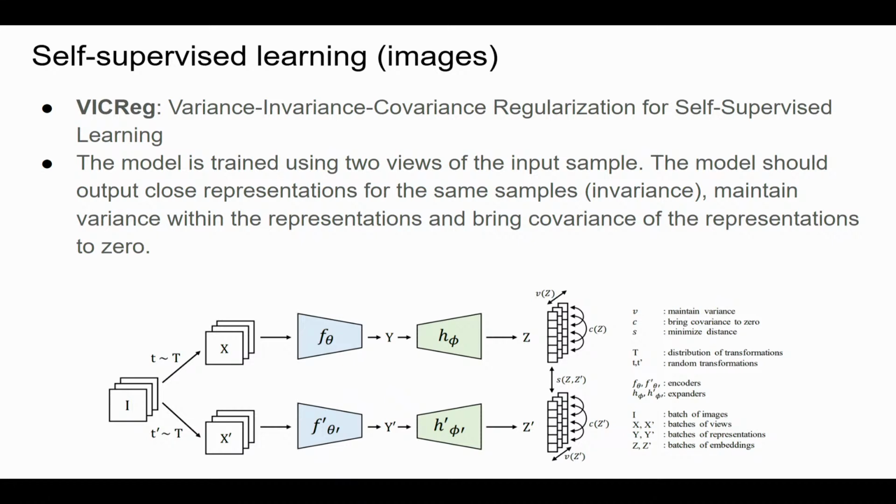One of the methods which is not contrastive, but also learns this kind of embedding, is VICReg: variance, invariance, covariance, regularization for self-supervised learning. Very, very weird name. But basically, the idea there is it doesn't use contrastive learning as normally, where you say, okay, if things don't belong together, they should have different embeddings.